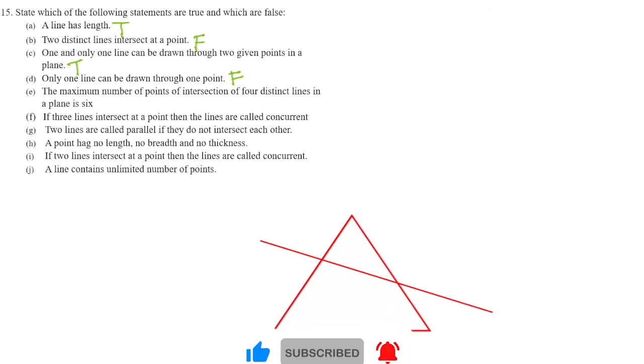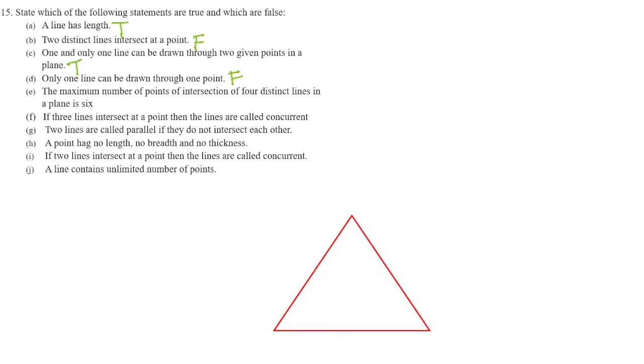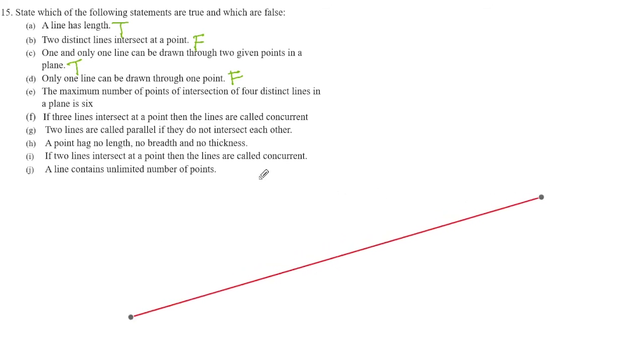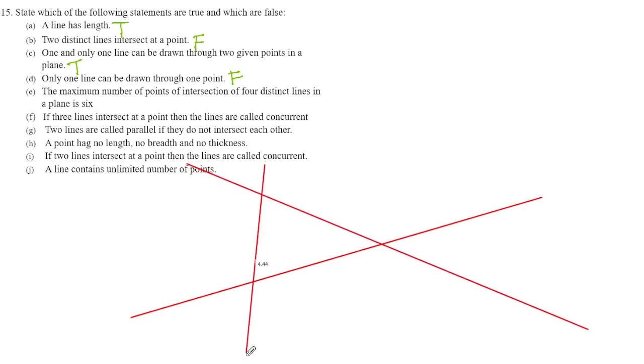So, how can we get 6 points? Let me show you that. I'll just erase this. Over here, we'll just make a big cross, and we'll make a line like this and a line like this. There. Now we have 4 lines. 1, 2, 3, 4.